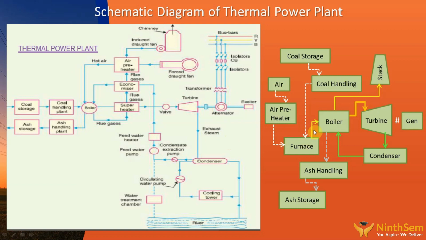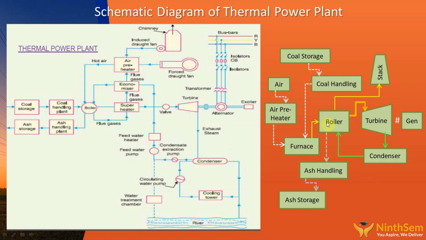If you see on the right hand side, I have given some simple blocks to show the important systems with different colors. In the steam system, the coal and the air come to the furnace. In the furnace, both get burned and the hot gas goes to your boiler.